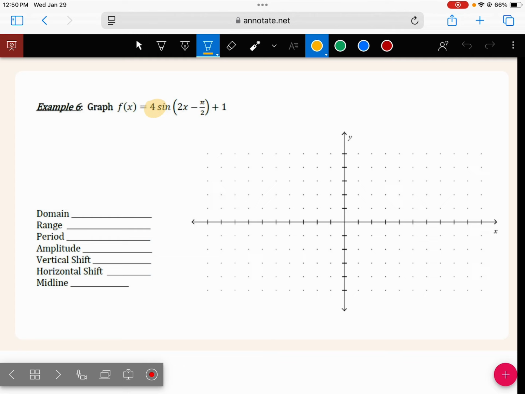So the first thing we're going to do is identify all of our values. I'm going to write down the letters, and you're going to tell me the values.